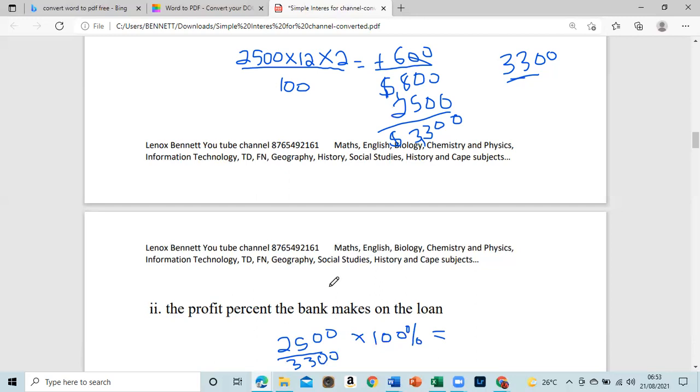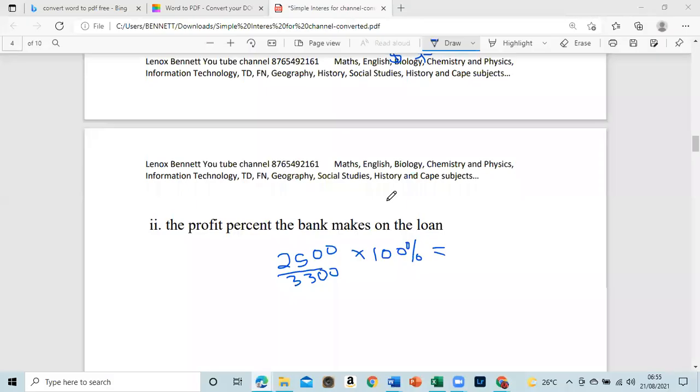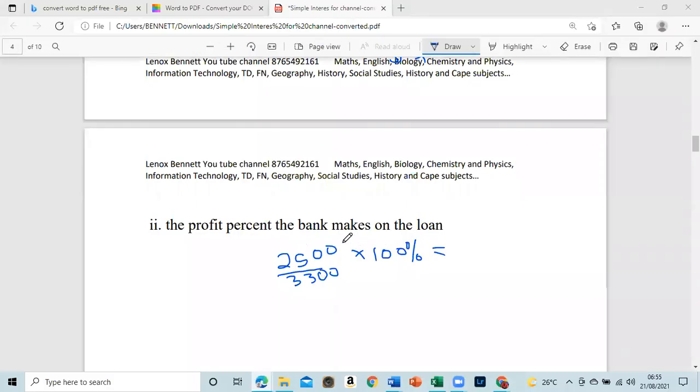They say what they gain. Profit. The profit will be this subtract. It'll be 3,300 subtract 2,500. So that's about 800. Well, it's not right. Yeah, guys. As I say, you can do it this way, but students are not going to understand.